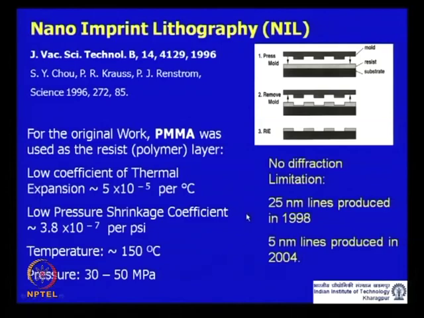The biggest advantage of embossing from the standpoint of lateral resolution of features is that you ultimately create a negative replica of your stamp pattern, and optical diffraction, or the wavelength of the light source you were using for your exposure, as in the case of photolithography, does not have any role here.